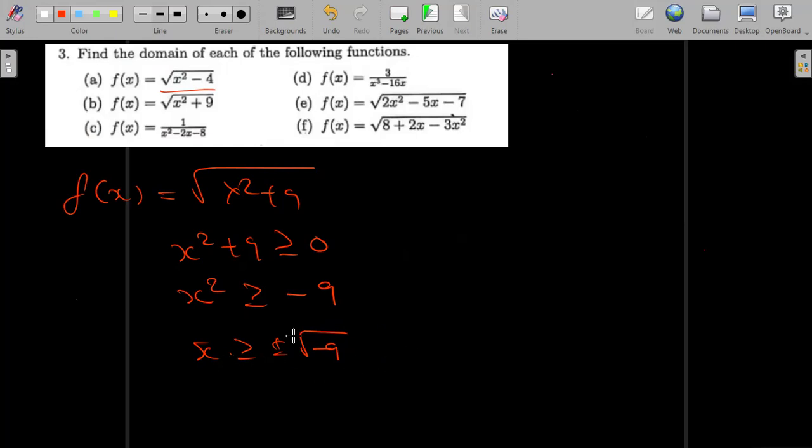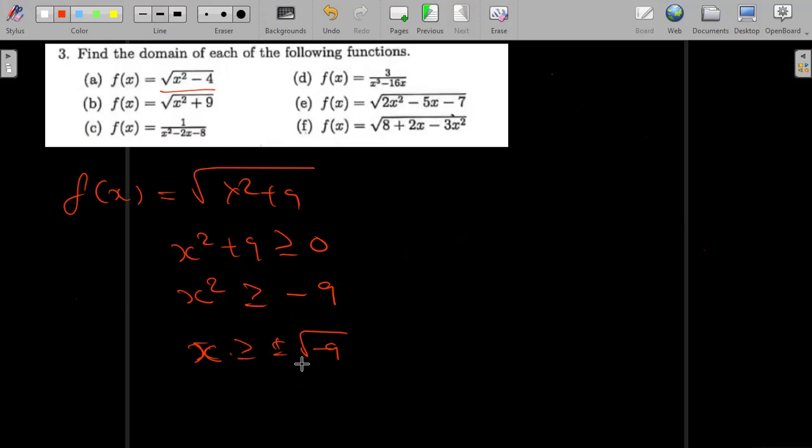But now, what am I going to conclude about my domain here? The complex number is not a real number. So we want x values that are real numbers.